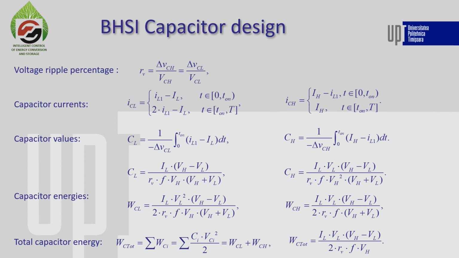So even if we have some large current ripples on the two sides, actually the current ripple on the input is lower, and this results in a smaller total capacitive energy for this converter. So actually overall the capacitors are smaller for this converter, compared to the conventional buck-boost converter. Also, we see here that the inductor ripple percentage is not present in this relation, so this is also an important aspect to keep in mind.